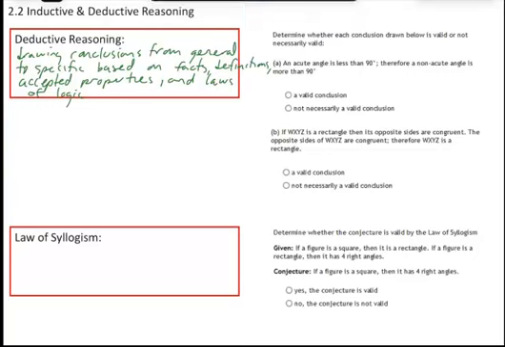So see if you can answer these two questions, part A and part B here. Given the statements, is the logic valid? Can you draw a conclusion based on what's provided versus what you know about the definitions and so on?